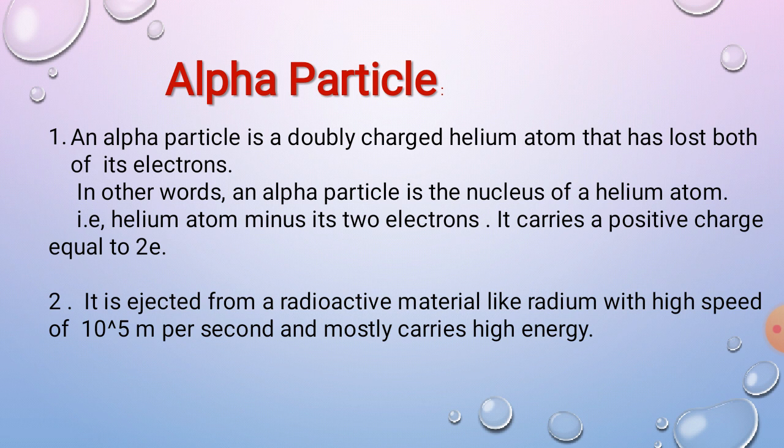And these alpha particles are ejected from a radioactive material like radium, and the ejection speed is very high, of 10^5 meter per second, and it mostly carries high energy.